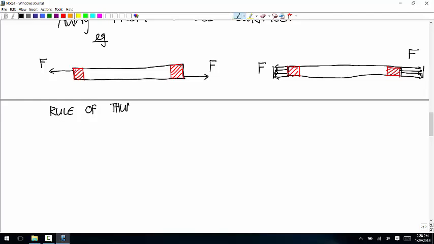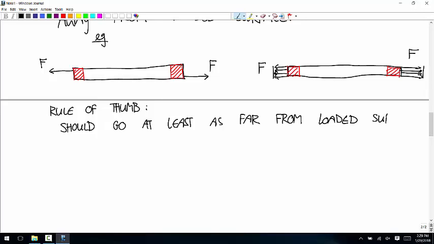So here's sort of a good rule of thumb. Again, this isn't a mathematical fact. This is just something that people have found to hold most of the time. You should be at least as far away from the loaded surface as the longest dimension of the loaded surface.